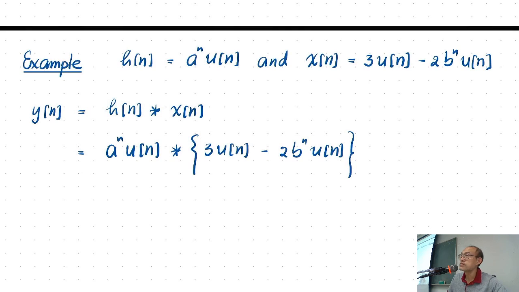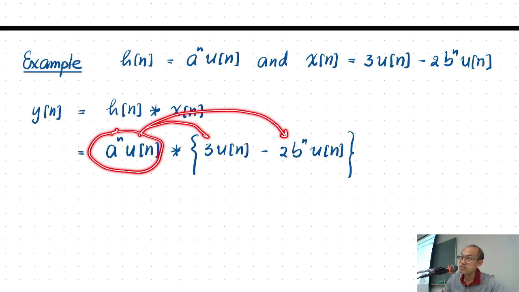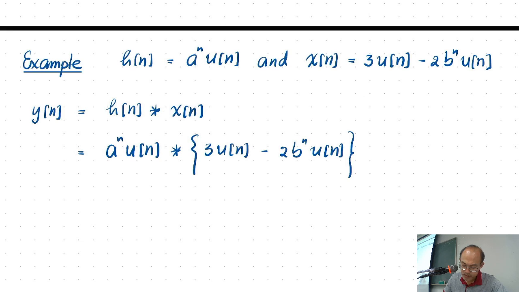And then I can use the distributive property of the convolution sum to bring this inside the brackets. Now, from the distributive property, I have 3 times a to the n u[n] convolved with u[n].